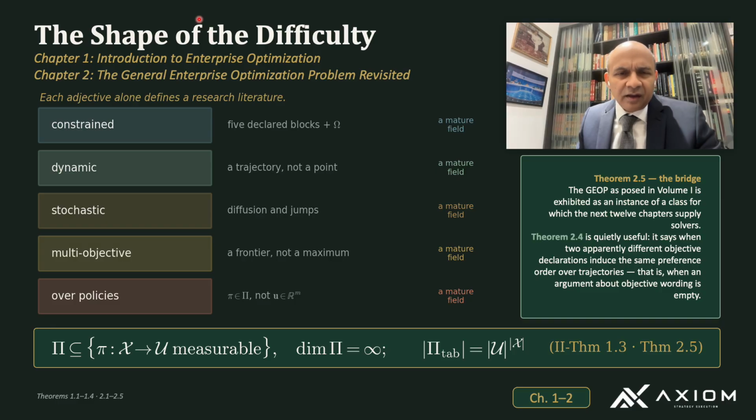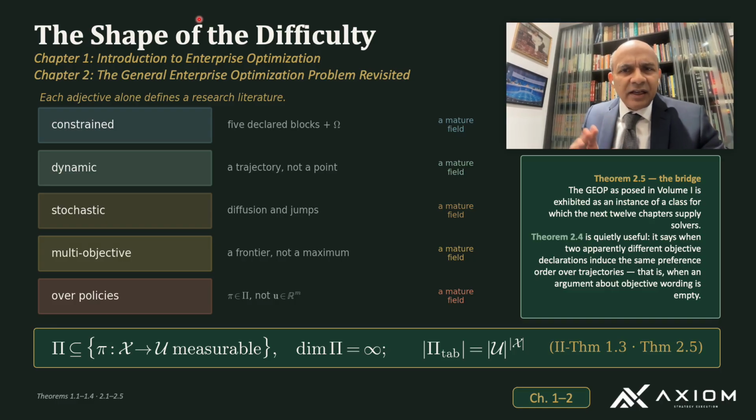Theorem 2.3, constraint consistency. GEOP feasibility is determined by joint constraint consistency. When infeasible, the conflict can be localized to a minimal inconsistent constraint set, and in dynamic problems to the first period in which no feasible continuation remains. Theorem 2.4, objective equivalence.